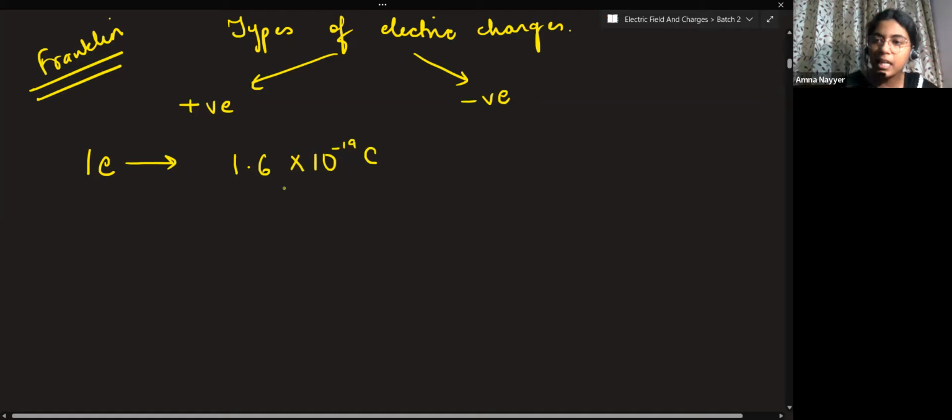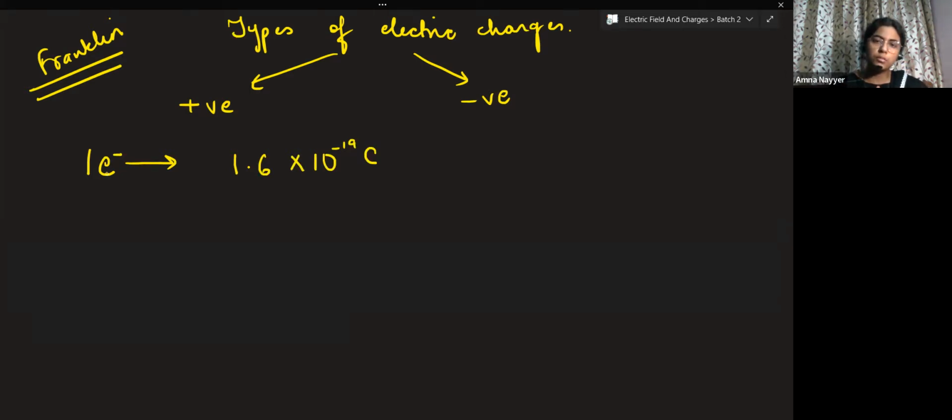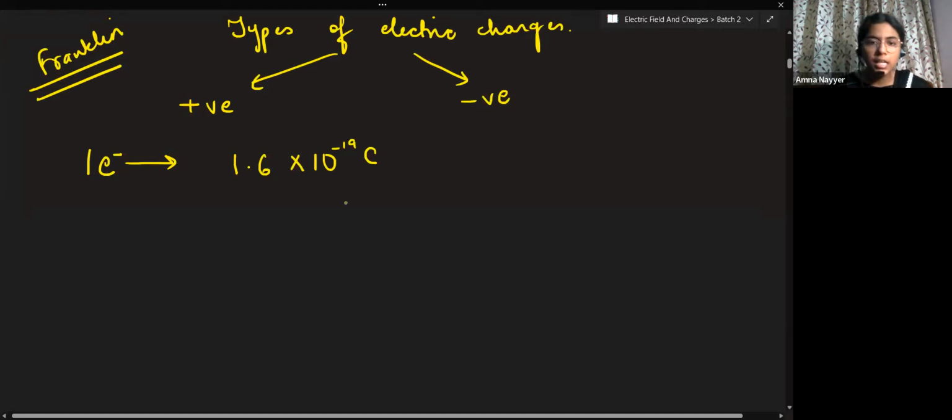Means if I tell you this is the number of charges present in a single electron, you cannot have any quantity below this. The minimum charge possible in a single electron is 1.6 into 10 to the power minus 19 coulombs. Below this nothing is possible.